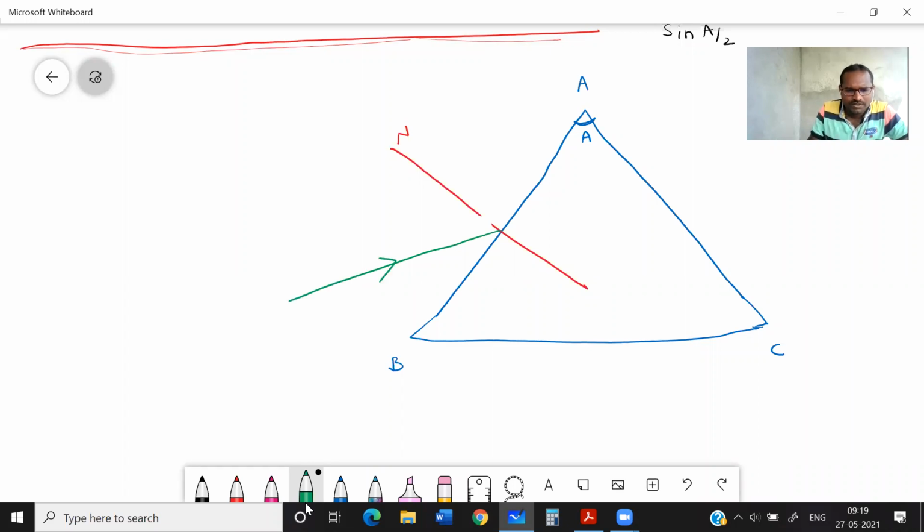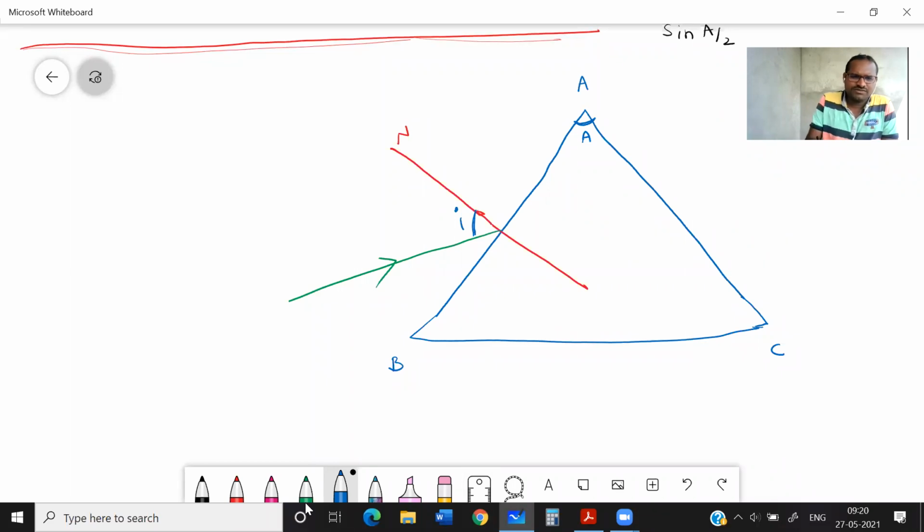One ray of light is incident on the first refracting surface AB, and this is making some angle. Let us suppose this angle is i. By making some angle of incidence i with the normal to the first refracting surface, imagine one ray is incident on the first refracting surface.